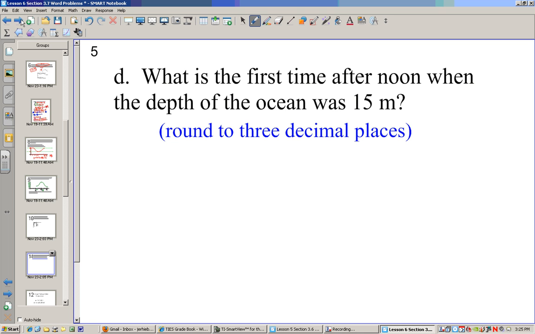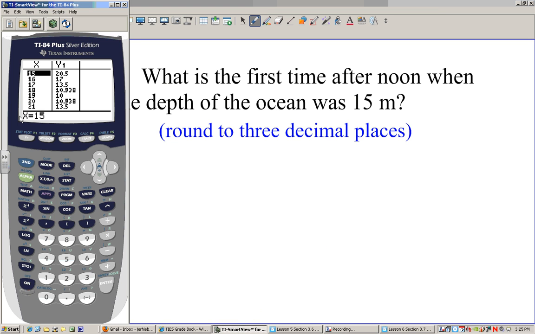What's the first time after noon when the depth was 15 meters? So if I go to my y equals 15 meters, that's a y value. So now if I graph that, first time after noon. So noon is at 12.